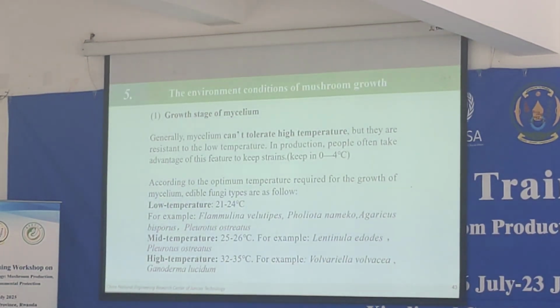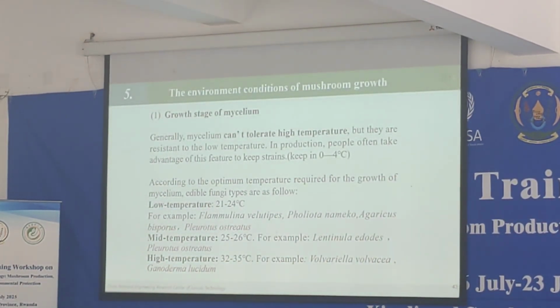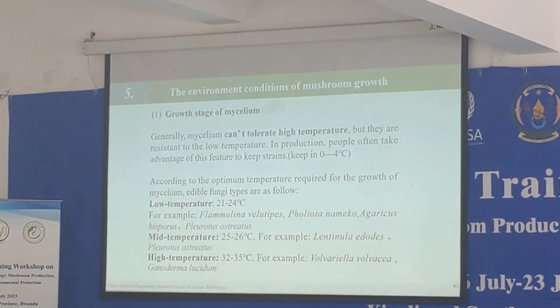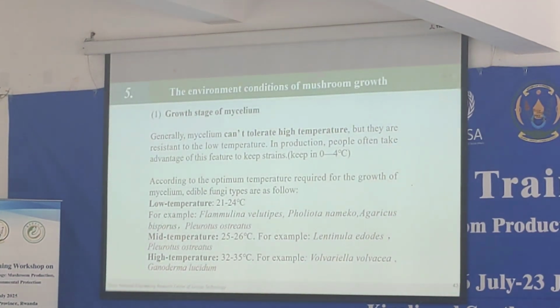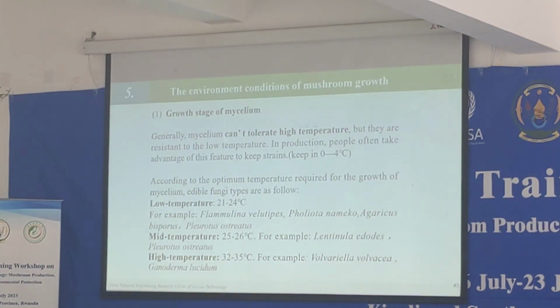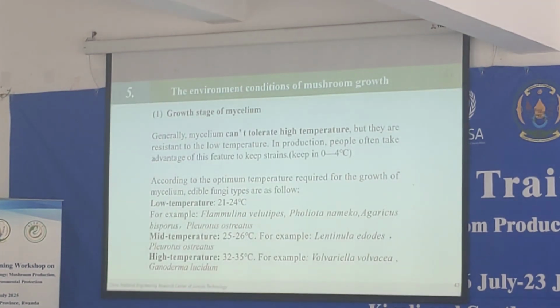Some middle temperature type mushrooms grow at 25 to 26 degrees, like some oyster mushrooms. And some mushrooms need high temperature, like Ganoderma and the Volvariella mushroom. The temperature is better at 32 to 35 degrees.